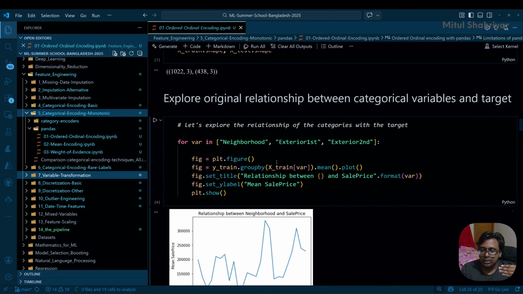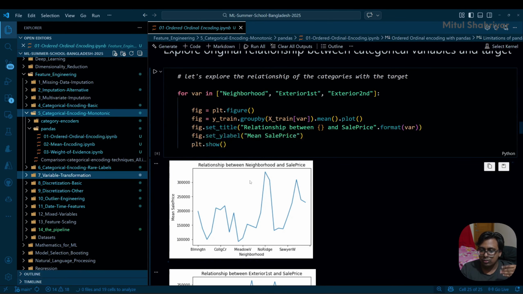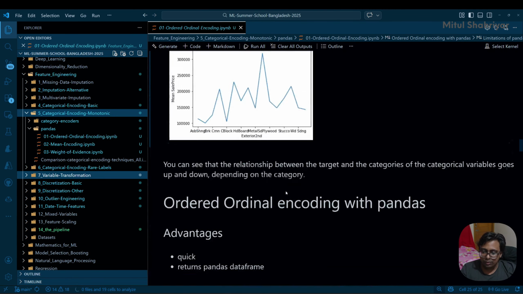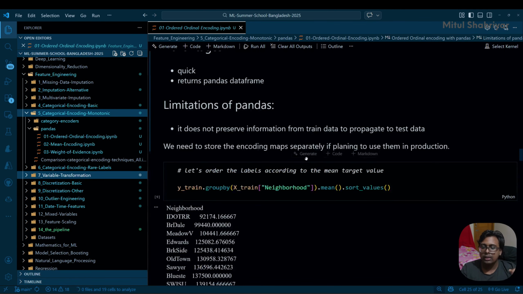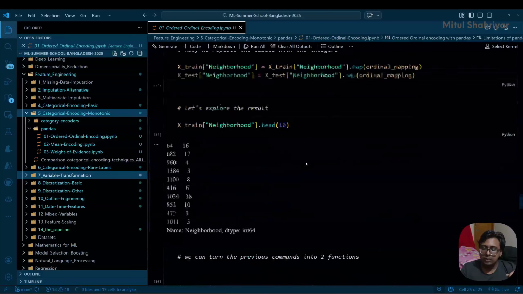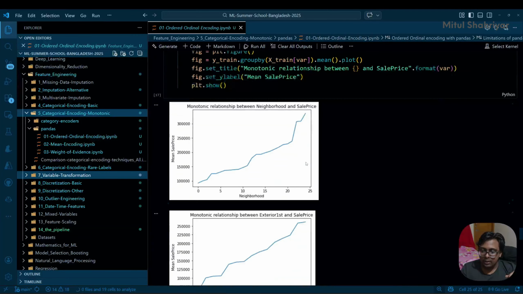You can see that before we use this technique, we have this graph which does not look good, up and down and so on, right? After we have used the ordered ordinal encoding, you can see that if the neighborhood is in X, then the sale price in Y is increasing. Not totally linear, but a monotonic relationship.